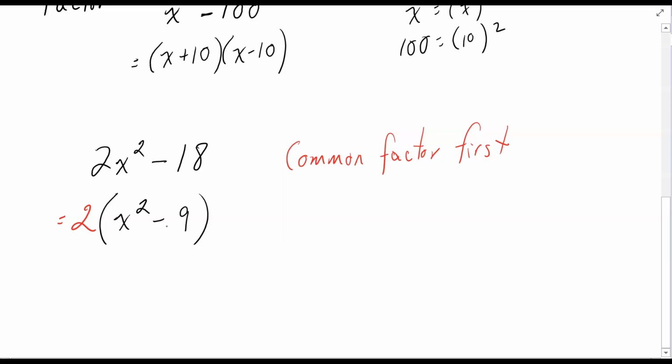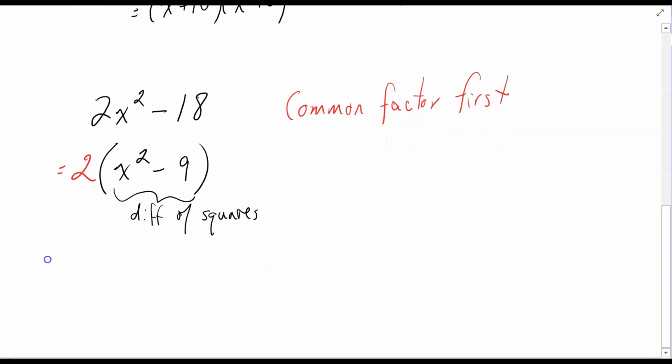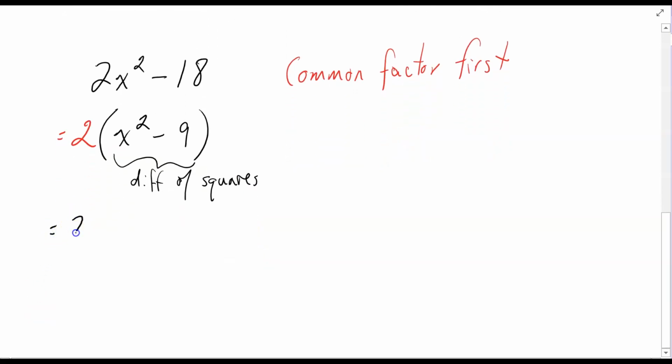So this is a difference of squares, all multiplied by 2. So that will look like this: 2(x plus 3)(x minus 3). So sometimes when you remove a common factor, you will then see the difference of squares.